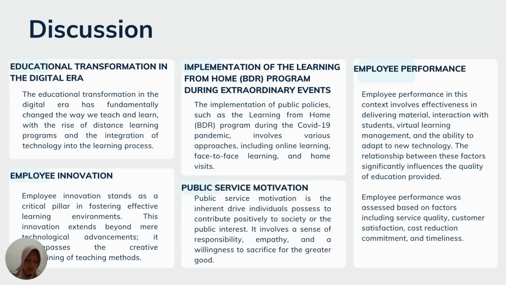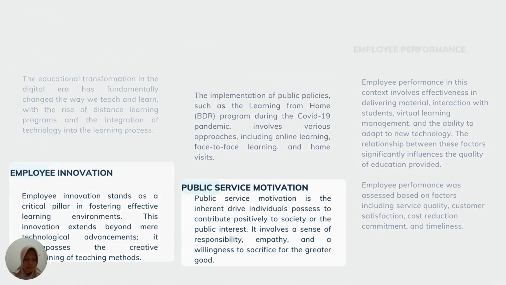Hypothesis 4 proposed that the implementations of the Learning from Home program affect employee performance. The result indicates a significant positive influence of the program implementations on employee performance. The estimate of 0.221 suggests that employee performance can influence the success of implementing the program.